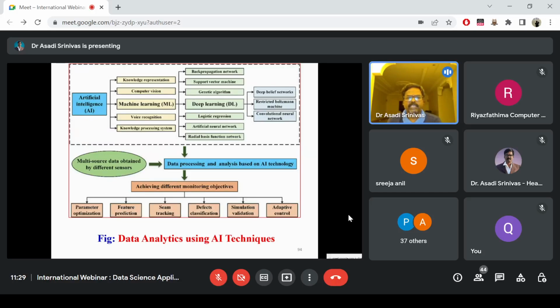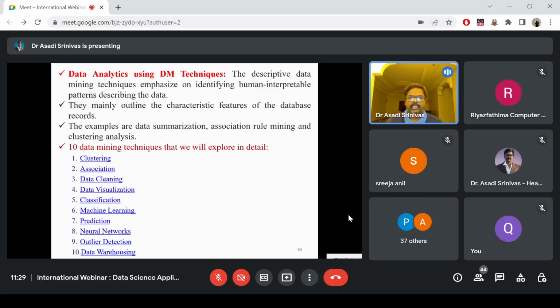So achieving different monitoring objects like parameter optimization, feature prediction, stream tracking, defects classification, simulation validation, adaptive control, etc. Multi-source data obtained by different sensors, and data analytics using machine learning data mining techniques.